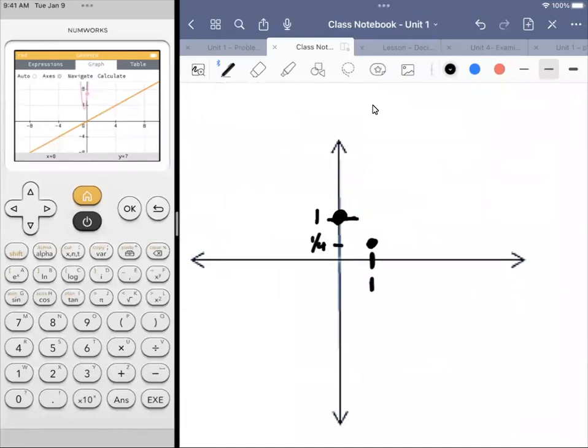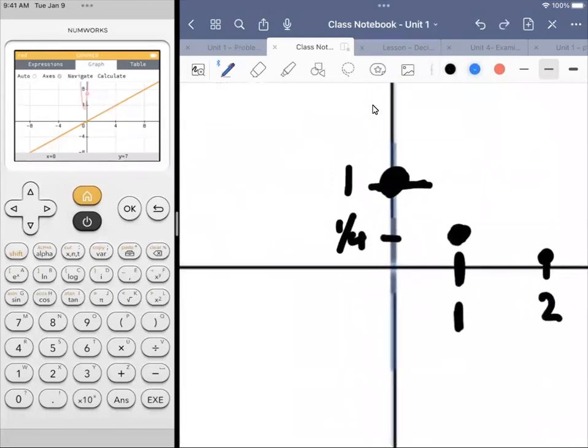If I go out 2 units, I'm going to be at 1/4 of the height of the previous value. So 1/4 of 1/4 is going to be 1/16, which is going to be really hard to show. Once I get more than 2 units out, it's going to be a little rough.